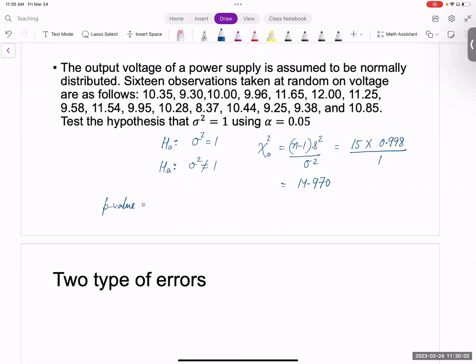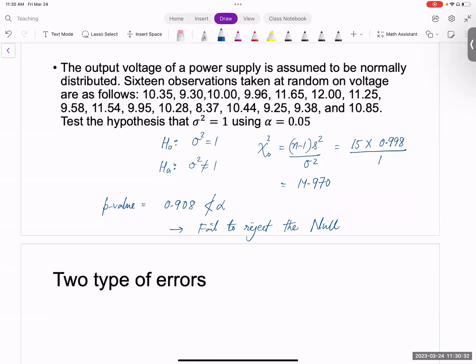P-value is equal to 0.908, which is definitely not less than alpha. Alpha in this case is 0.05. So in this case, we fail to reject the null. Okay. All right, so this is hypothesis testing.